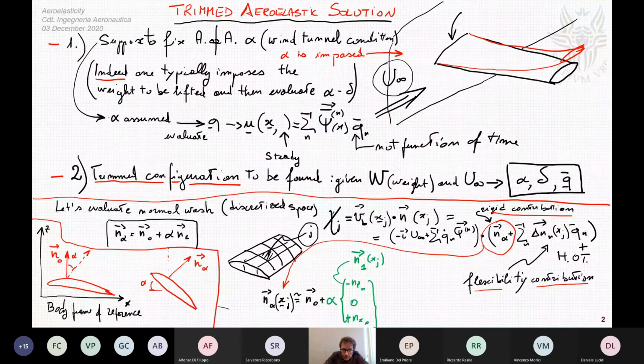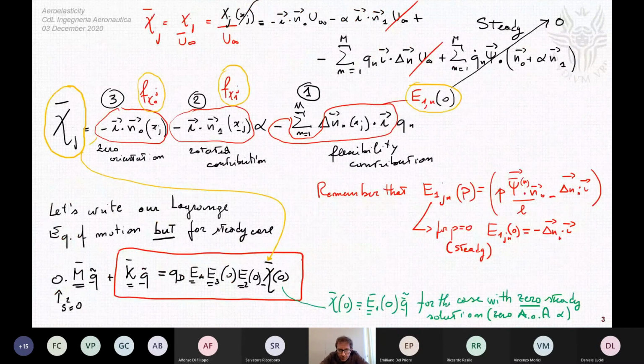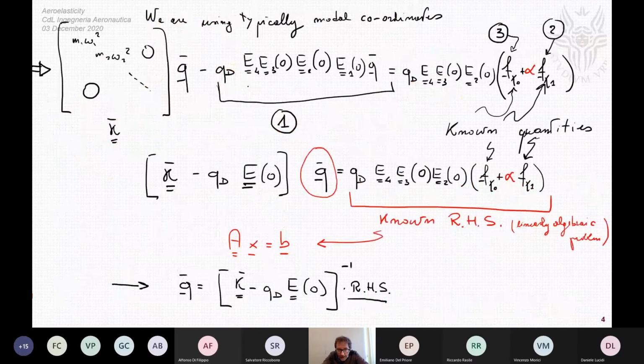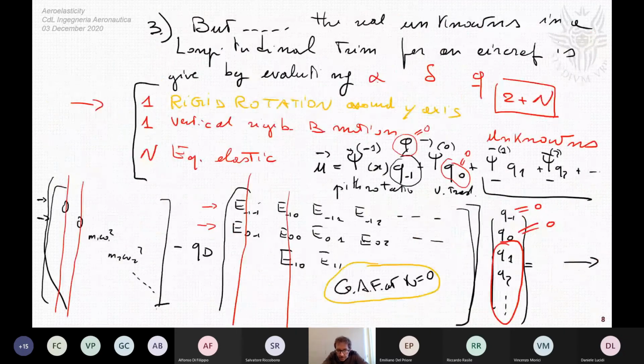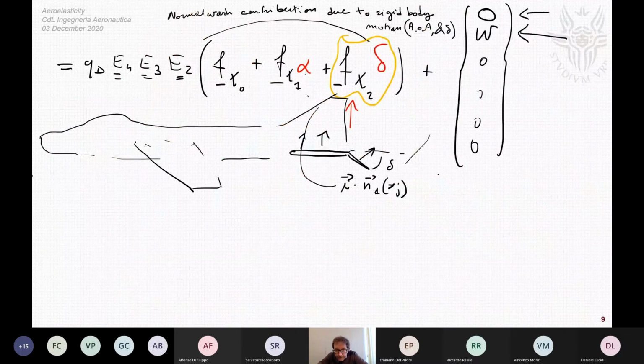Okay, and so considering this variation, we have a contribution of this type, C number 2, but now applied to the control surface only. And so we have a vector which is almost 0, but not 0 where? Only in the control point, only in the panel corresponding to the control surface.